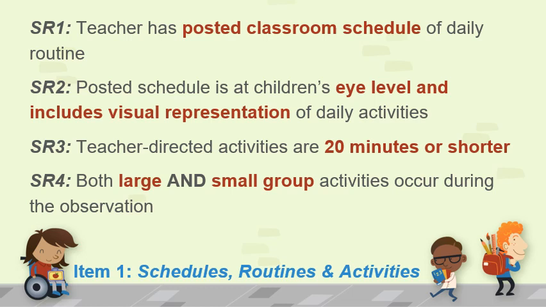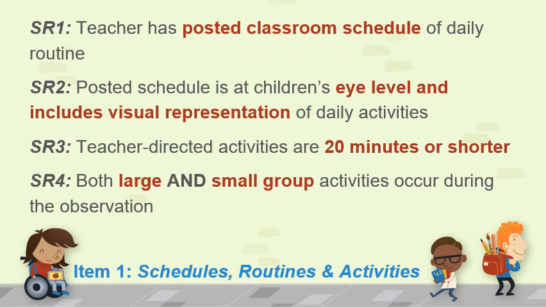SR3, teacher-directed activities are 20 minutes or shorter. This can be activities during large group, small group, or when working one-on-one with the child. There must be movement between 2 activities.